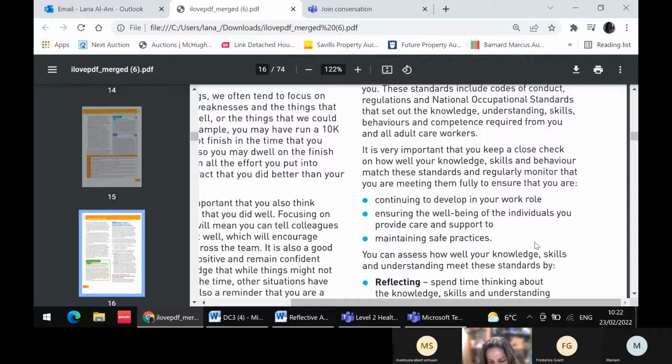And does this meet the standard? Then I would say, for me, studying this course is continuing development for my own knowledge and skills. And taking this course, I'm starting to learn how to ensure that the person I'm taking care of should always be feeling well, should always feel that he's being taken care of.